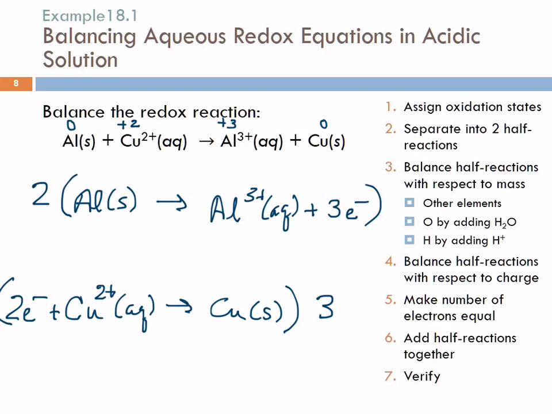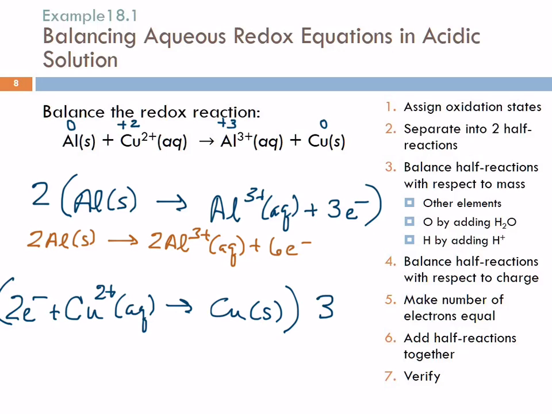So I'm going to just switch colors and write it all out. So that's 2 aluminum going to 2 aluminum ions plus 6 electrons.